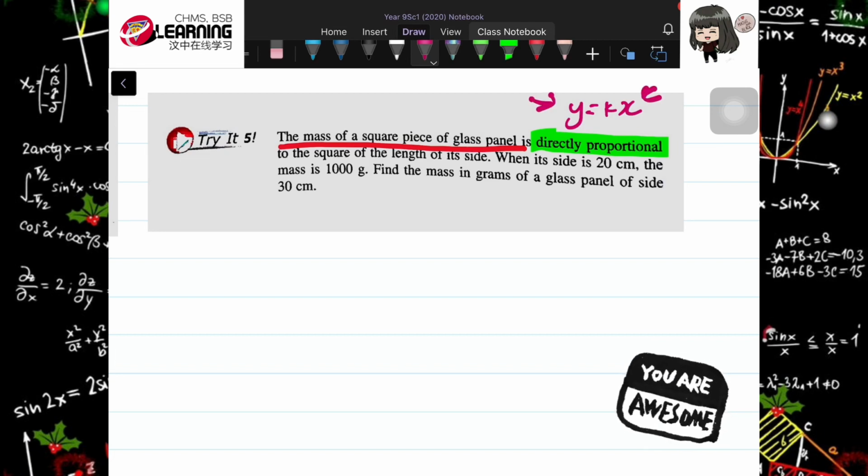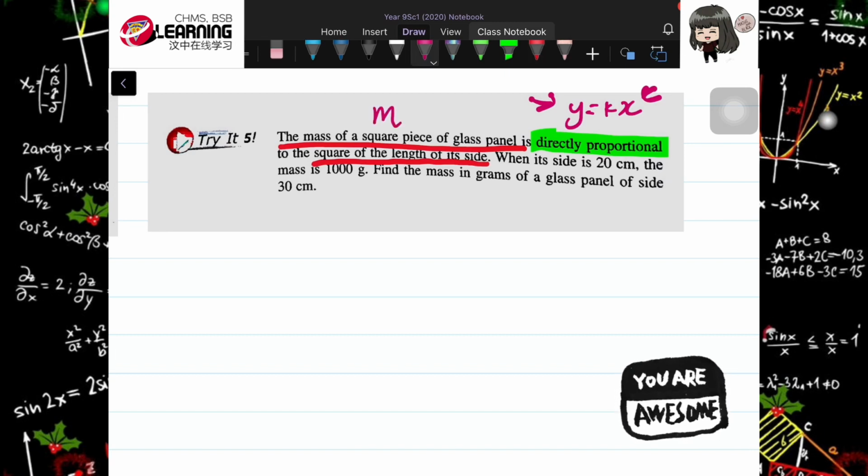Since you don't have an alphabet for each of them, you have to choose a variable for them. The mass of a square piece of glass panel, you let it be m, m represented as mass.